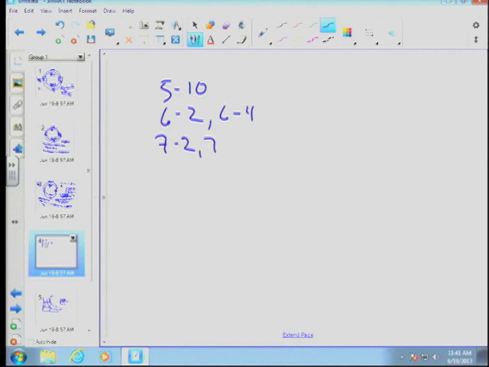Seven dash 2, 7-8, 7.12, and 7.14. And then an 8.